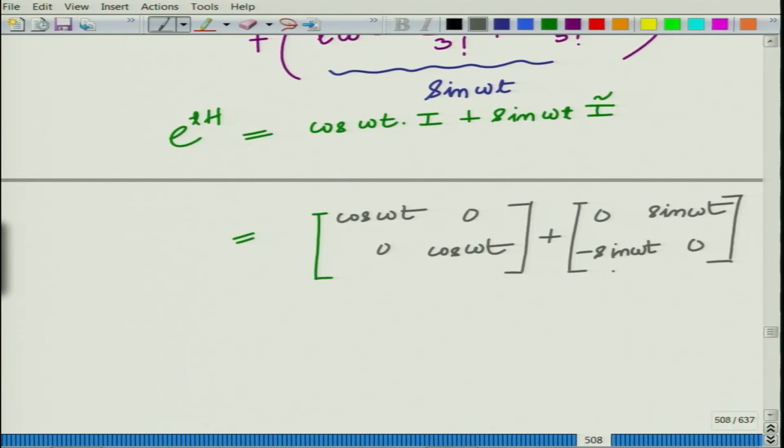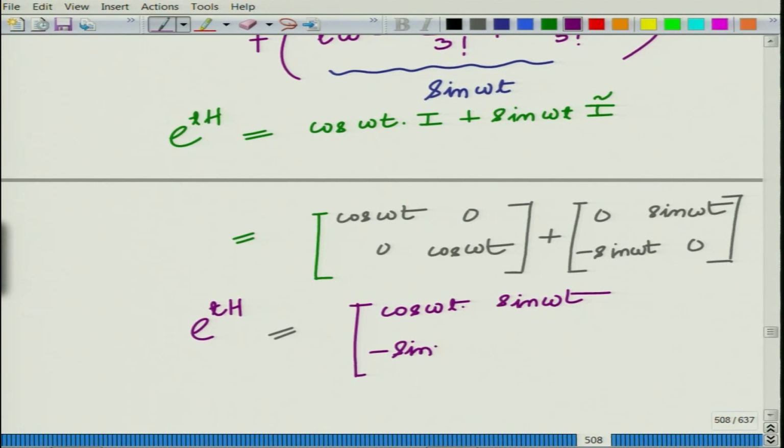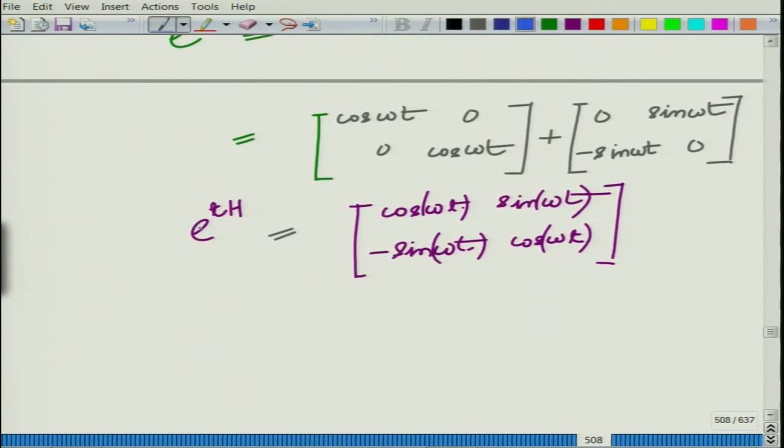So, if you write this out as a matrix, this will be cosine omega t, sin omega t, minus sin omega t, cosine omega t. So, this is a very interesting expression.